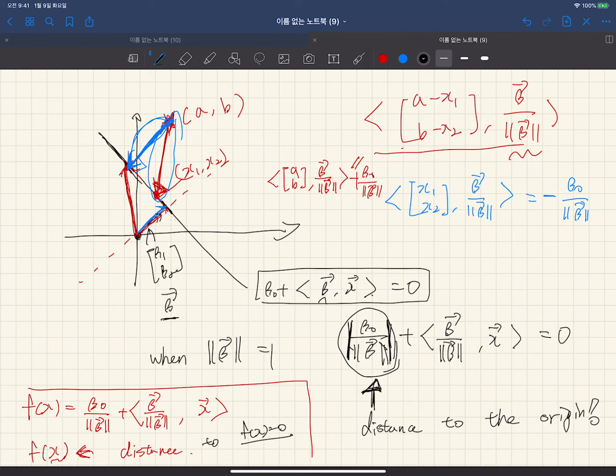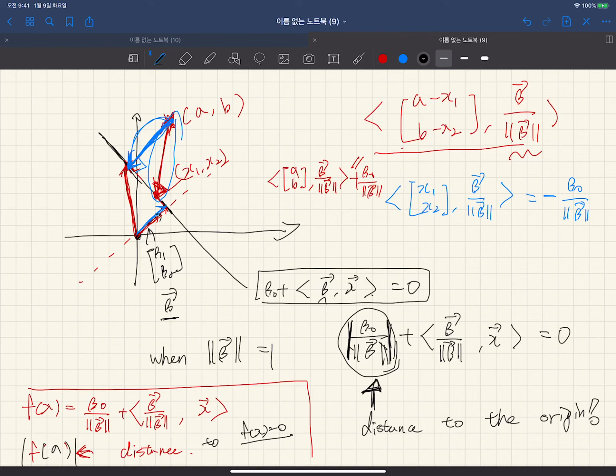Distance to the hyperplane f(x) equal to 0. When you put in any point outside the hyperplane, you can easily obtain the distance to the hyperplane f(x) equal to 0 using the function f(x). Of course, you have to take the absolute value.